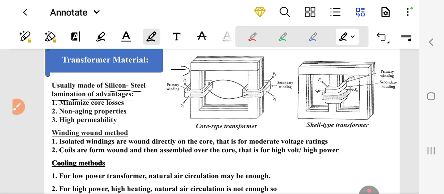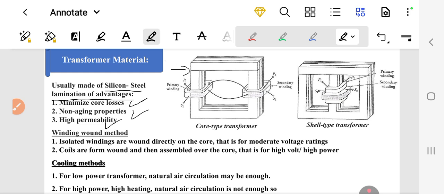The main advantages of silicon sheet steel are minimum core losses, lower eddy current and hysteresis losses, no aging properties, longer lifetime, and high permeability, which increases the flux lines that can pass through the material. It's a measure of the easiness of establishment of flux lines across the material. As the permeability increases, the number of flux lines will increase inside the material.